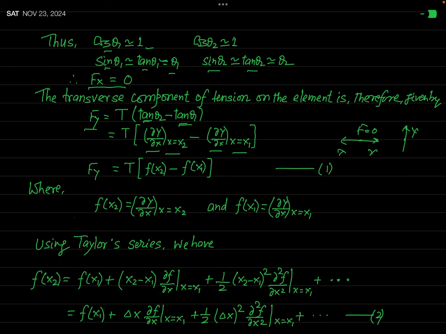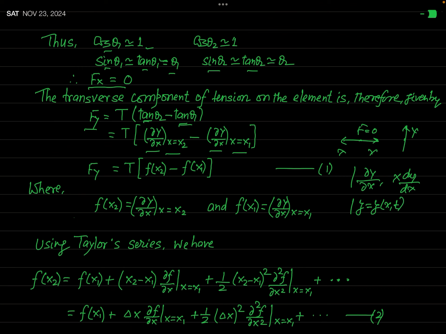Mark here why I have written del y by del x, that is the partial derivative, not dy by dx, not the total derivative. Why I have written so? Because you know our function y is a function of two variables, x and t, not only of x.